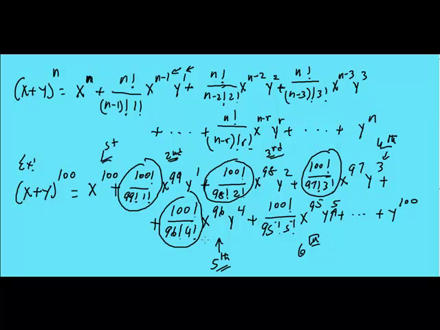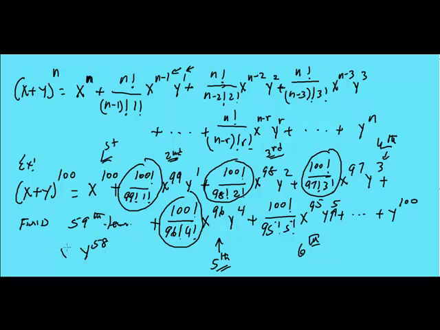So if I randomly ask you, okay, and say I want you to find, and this is what shows up on the SAT, find, let's say, the 59th term. Okay, that means I know my y is going to be to the 58 power because it'll be 1 less.